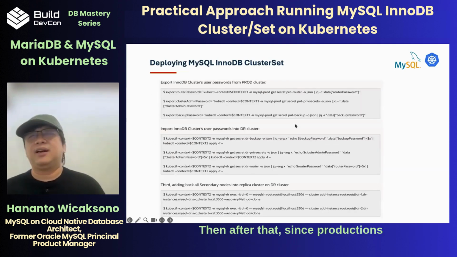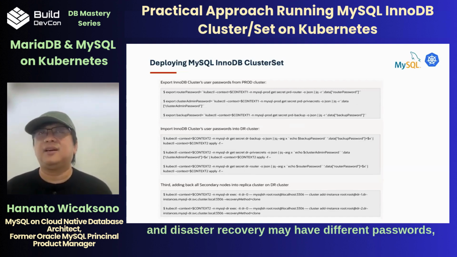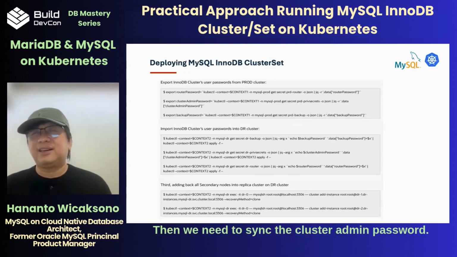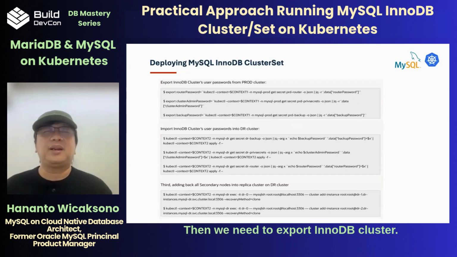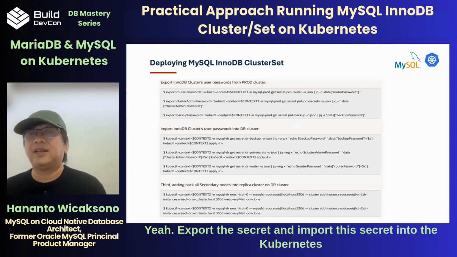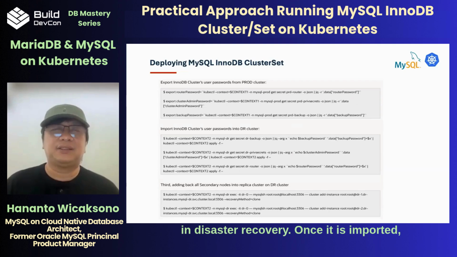Since production and disaster recovery may have different cluster admin passwords, we need to sync the cluster admin password. We export the InnoDB cluster admin password secret and import this secret into the Kubernetes cluster in disaster recovery.